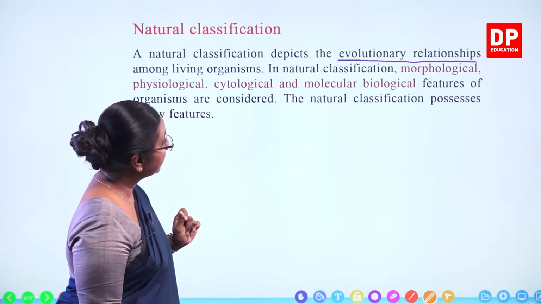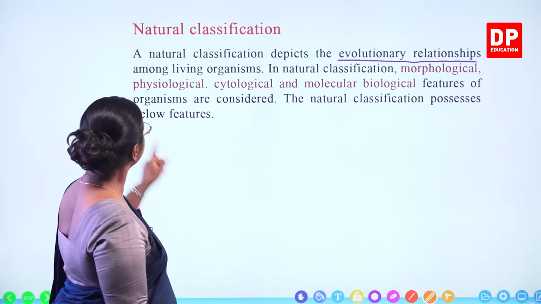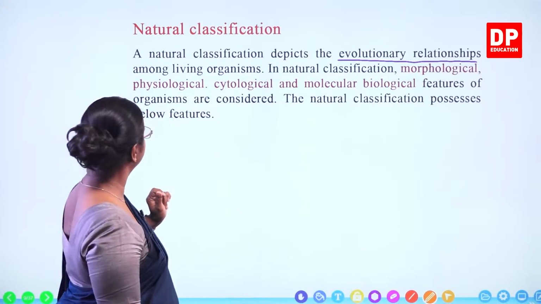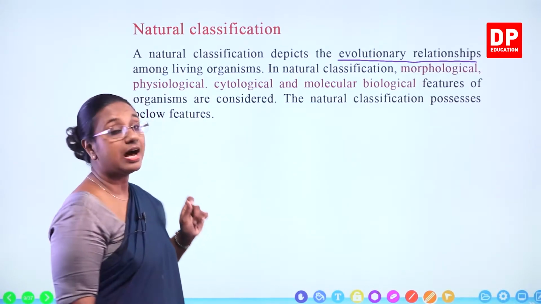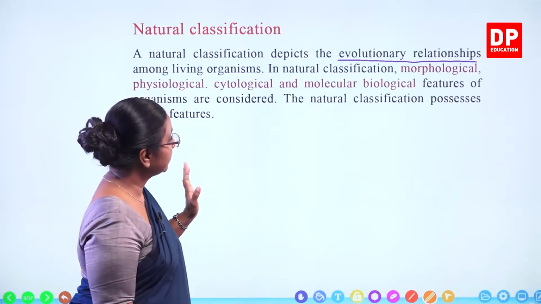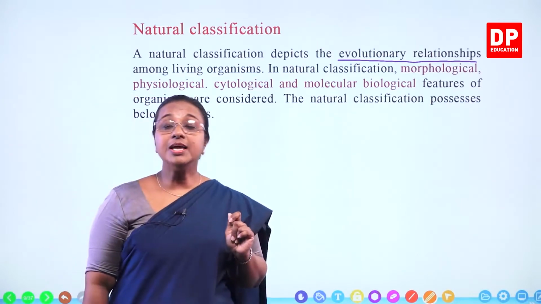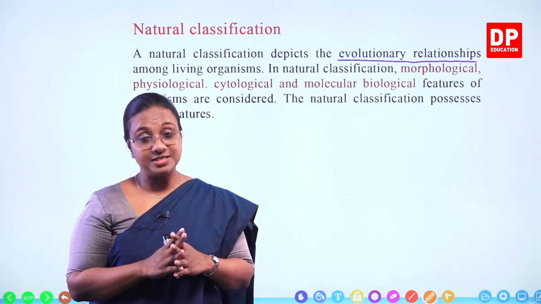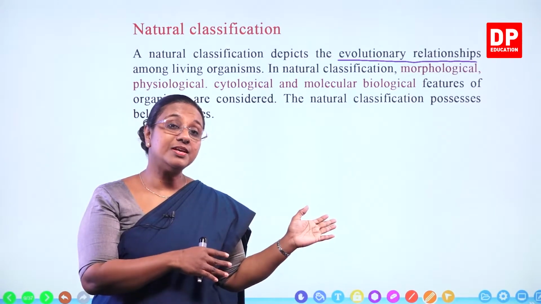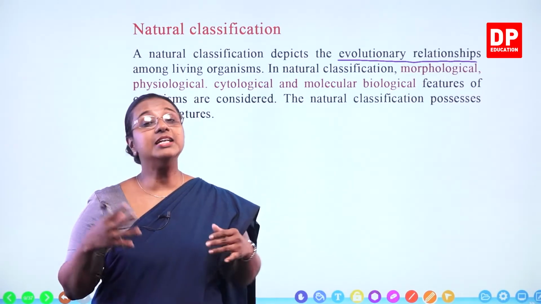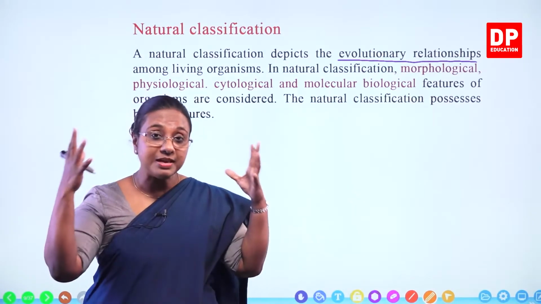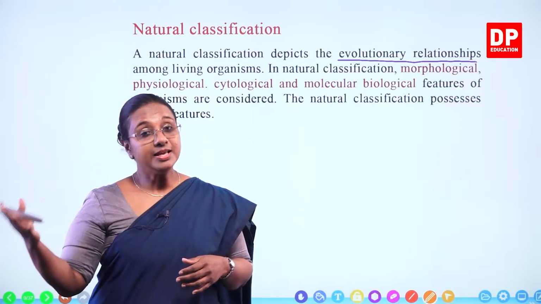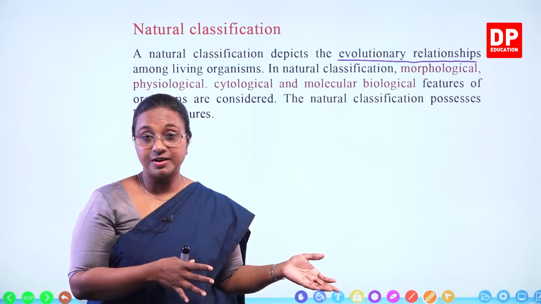In natural classification, morphological, physiological, cytological and molecular biological features of organisms are considered. Now what are these? What do you understand by morphological? Morphology means the external features. Now we said so in the previous chapter. When you look at a lion, you can identify it's a lion based on its external characteristics. Now a zebra is different. A fish is different.